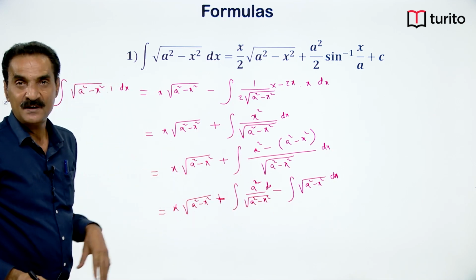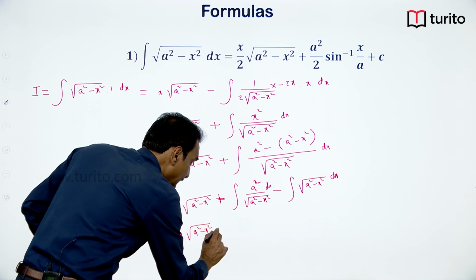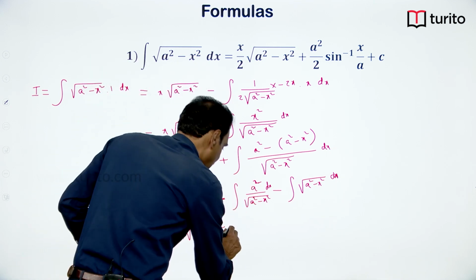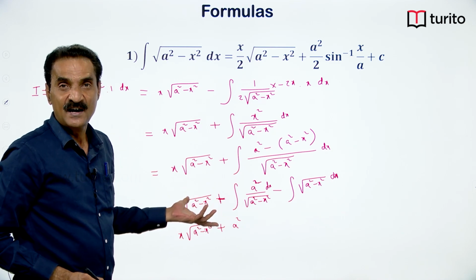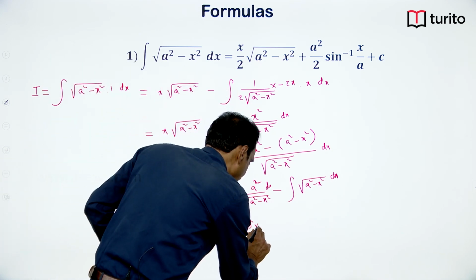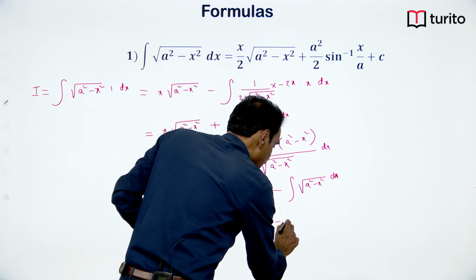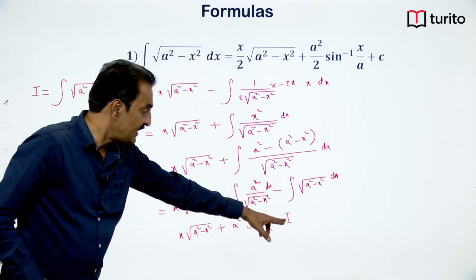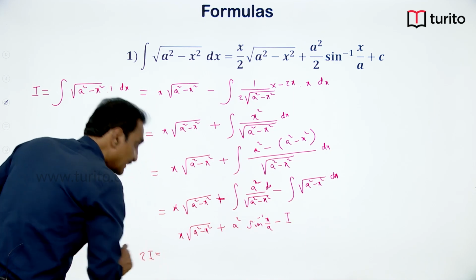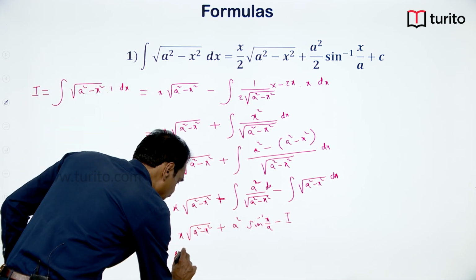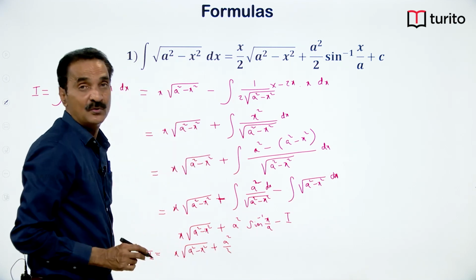Then this last step is x root over a square minus x square plus a square, which is constant, take a square outside, then integral 1 by root a square minus x square is a standard formula, sin inverse x by a, minus I. Now taking minus I to the left hand side, we get 2I is equal to x root a square minus x square plus a square by 2 sin inverse x by a.